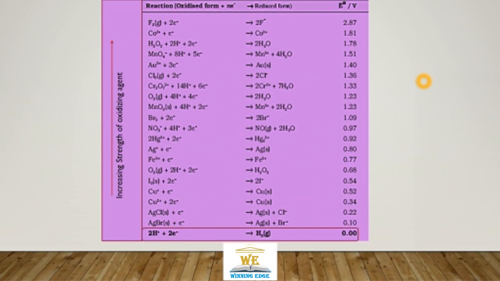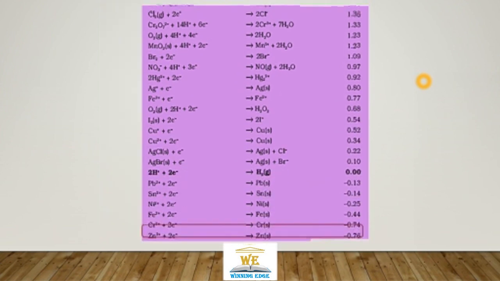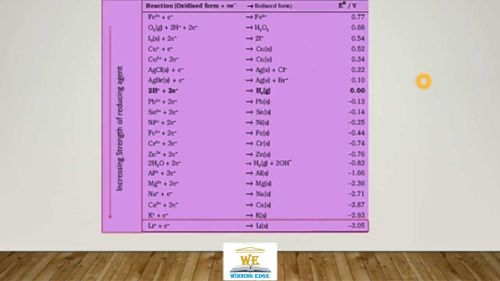Now going to the bottom of the series, as we discussed, hydrogen is referenced to 0, and lithium, which is the bottommost element of the table, has a standard electrode potential of minus 3.05. It means lithium reduction will be to a lithium atom having a reduction potential of minus 3.05.